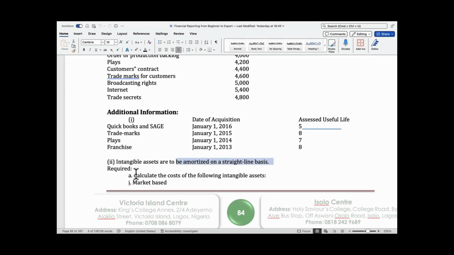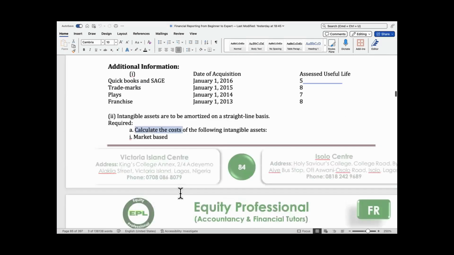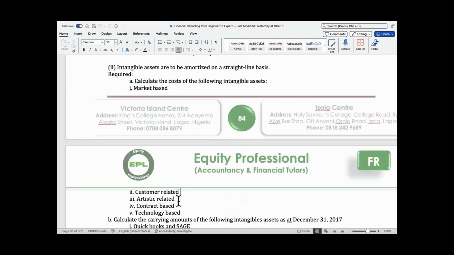Required: calculate the cost of the following intangible assets: market-based, customer-related, artistic-related, contract-based, and technology-based. The challenge with this question is that the standard didn't categorize intangible assets based on any criteria.